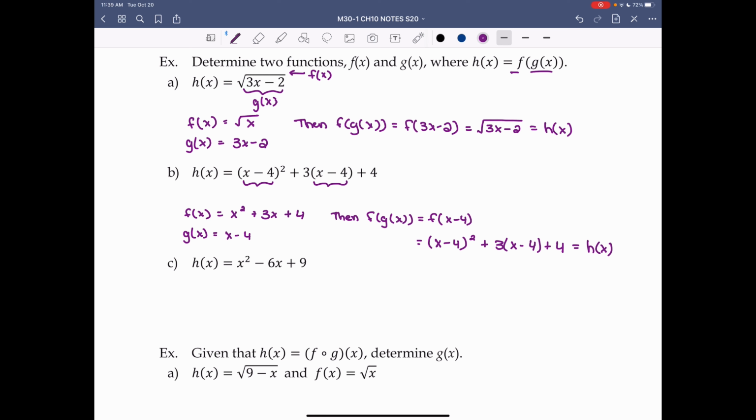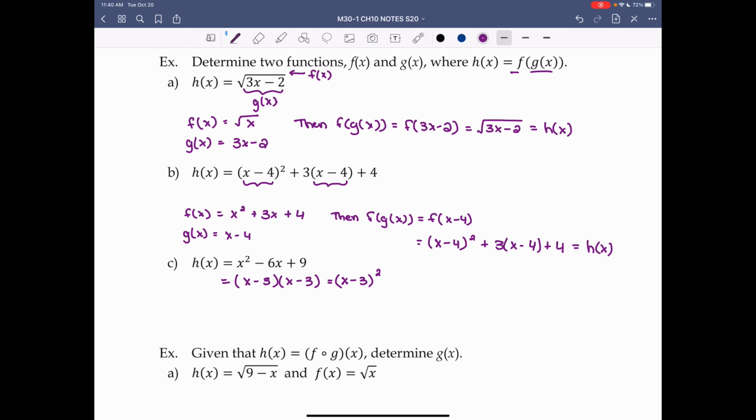C, h(x) = x² - 6x + 9. Doesn't really look like much here, but we can factor this. Two numbers that multiply to 9 and add to negative 6 would be (x - 3)(x - 3), which is (x - 3)².